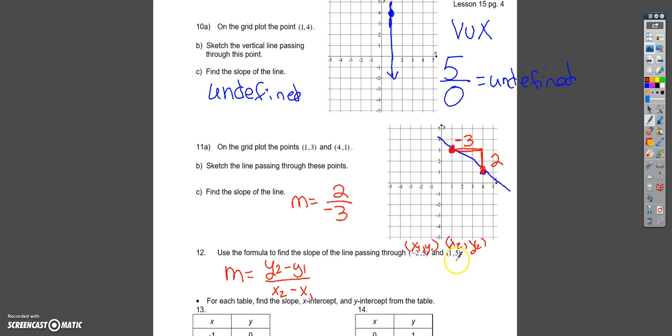So y2, which is 5, minus y1, which is 3, over x2, which is 1, minus x1, which is negative 2. So 5 minus 3 is 2. 1 minus negative becomes positive, so that becomes 2 over 3. So our slope is 2 over 3.